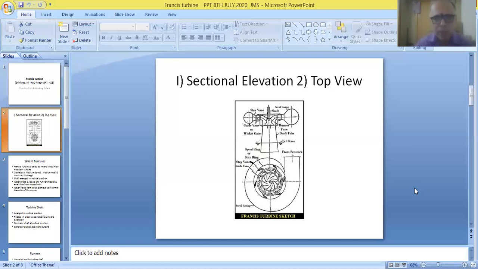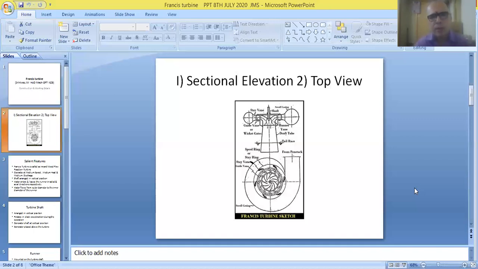Secondly, it will be raising the pressure energy of the liquid. It will be recovering the pressure energy of the liquid. And finally, it will be discharging the entire quantity of liquid onto the tail race.